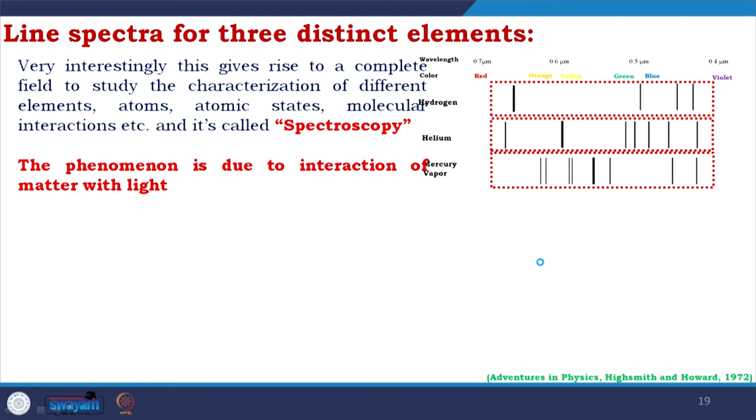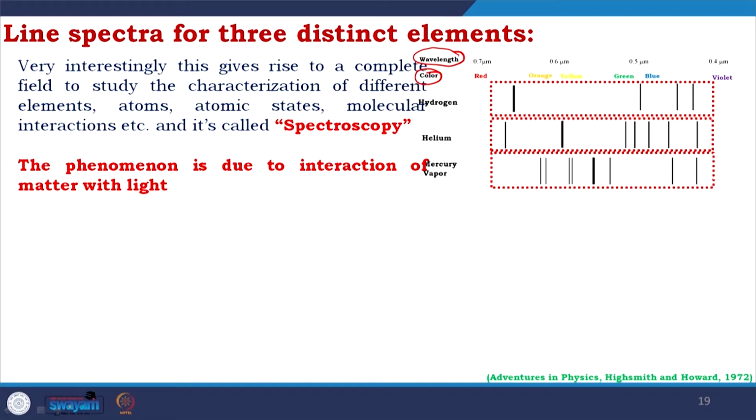If you put wavelength and color, you will see that the bands are even more categorized.